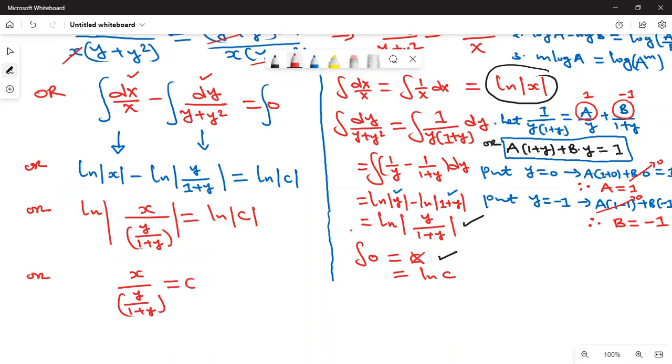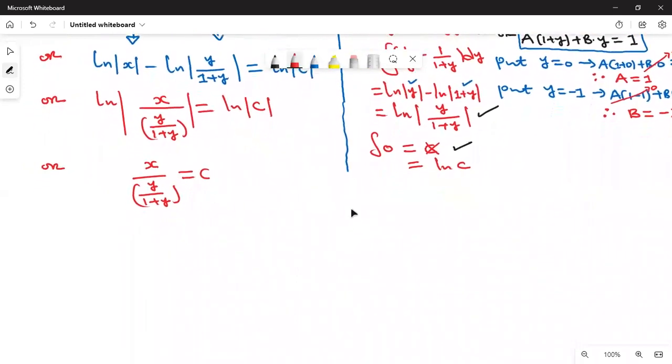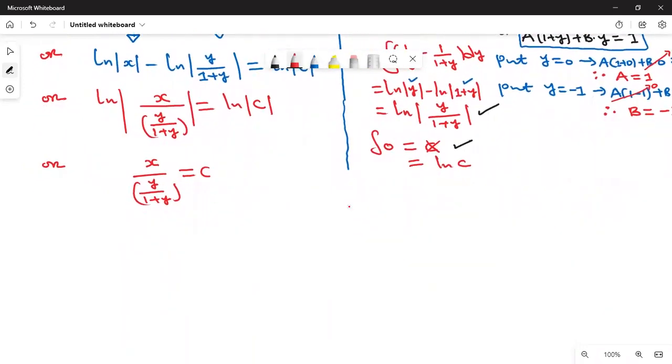If I cross multiply, you can say x is equal to c times y over 1 plus y, or x times 1 plus y is equal to c times y.